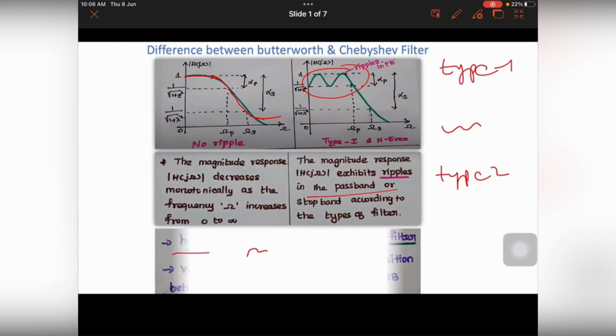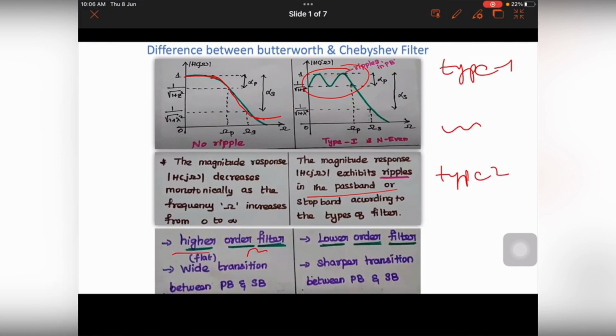We can go to the next difference. For the given specifications, a higher order filter is obtained in the Butterworth filter. To design any analog filter, we require Kp, Ks, omega p, omega s: the pass band gain, stop band gain, pass band frequency and stop band frequency.